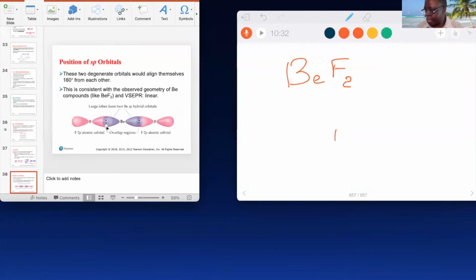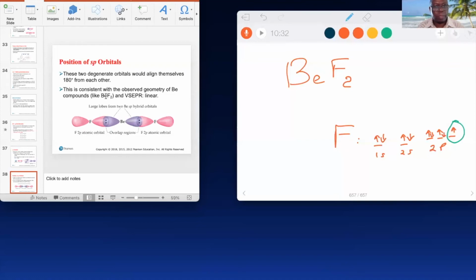Electron configuration for fluorine is 1s, 2s, 2p, with 9 electrons in total. There is an unpaired electron here, which will form the bond. One electron in this bond is from fluorine and the other is coming from beryllium. So you do the hybridization.